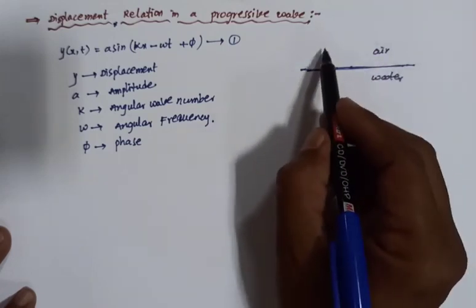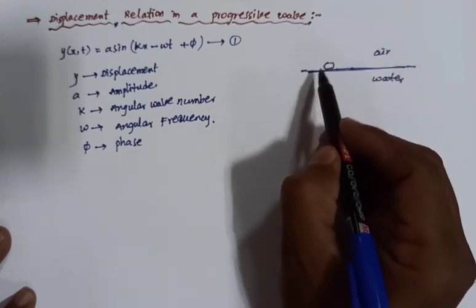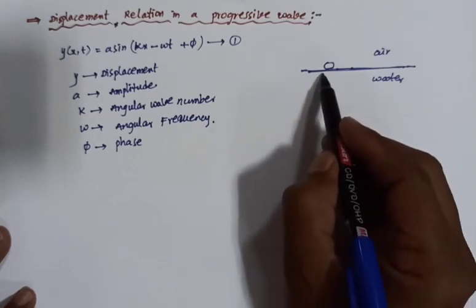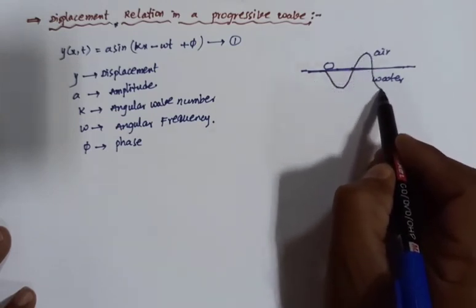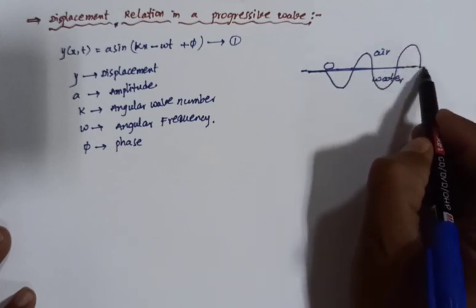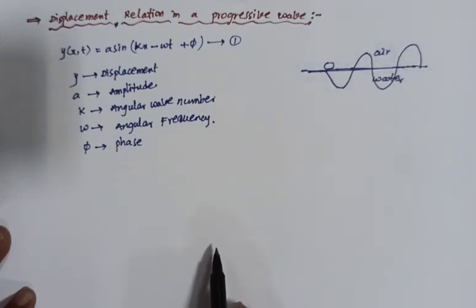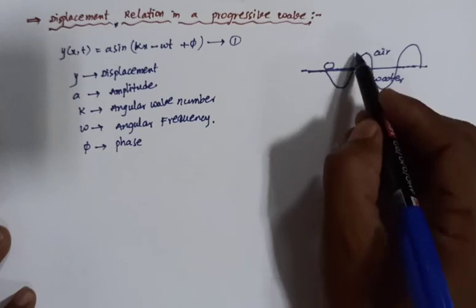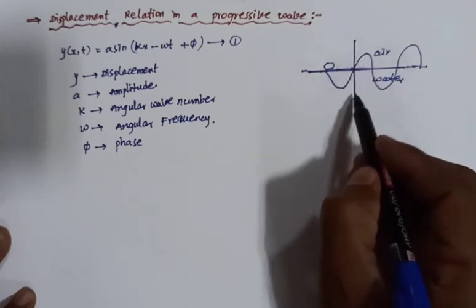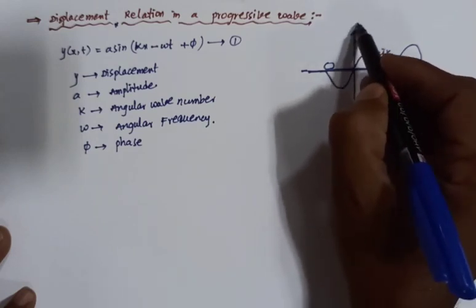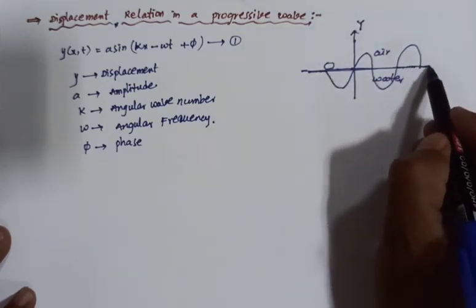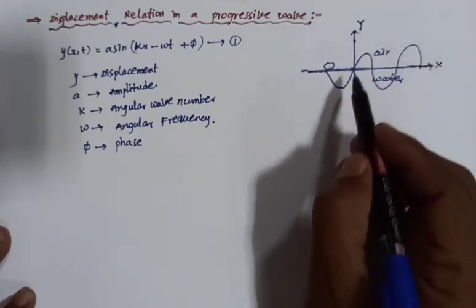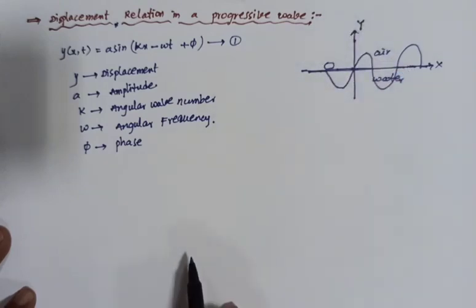When a pebble or a stone is dropped here, what happens? A wave is produced here. This is along y, and this is the x direction.